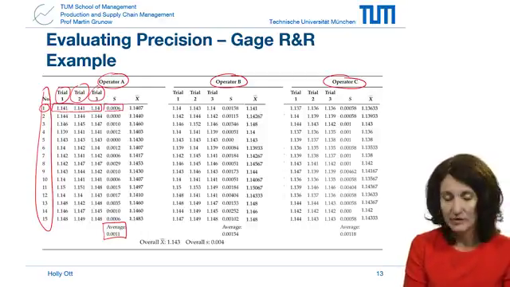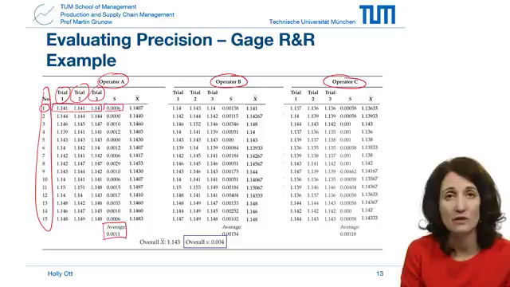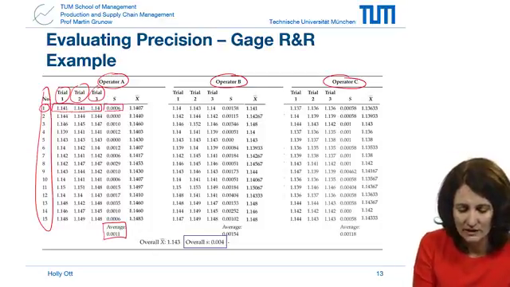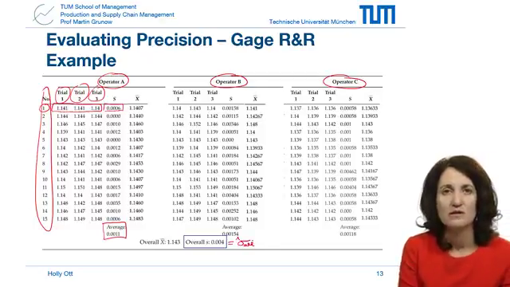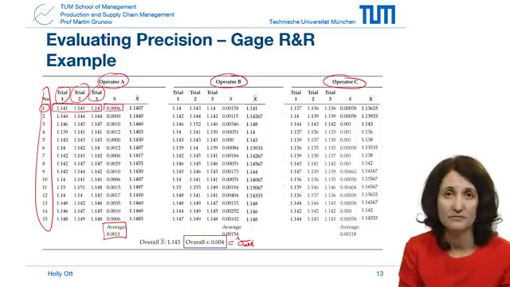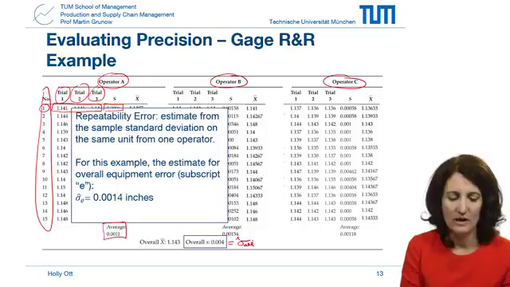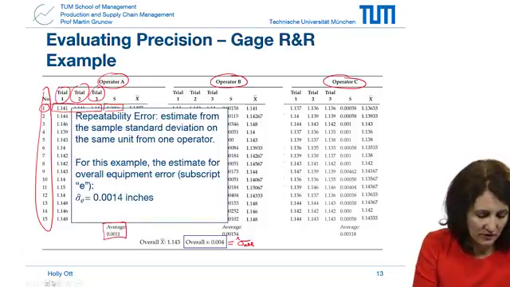The first thing we want to point out here is that from the data points, we can calculate an estimate for the overall error, the variability of all the data that we have here. We can also calculate the repeatability error, which is in the book, but we're not doing it here.